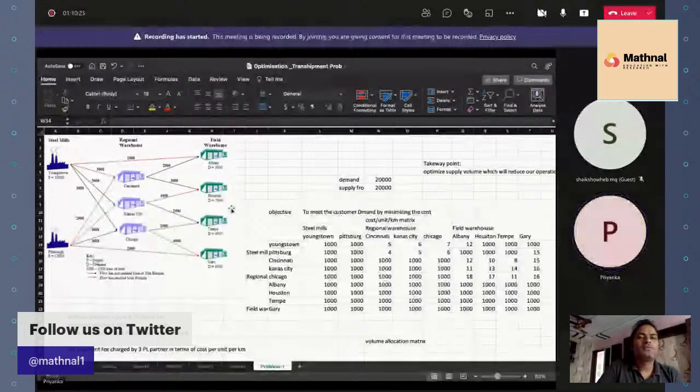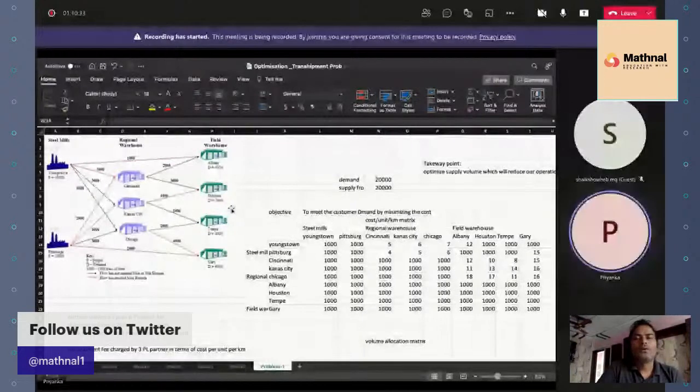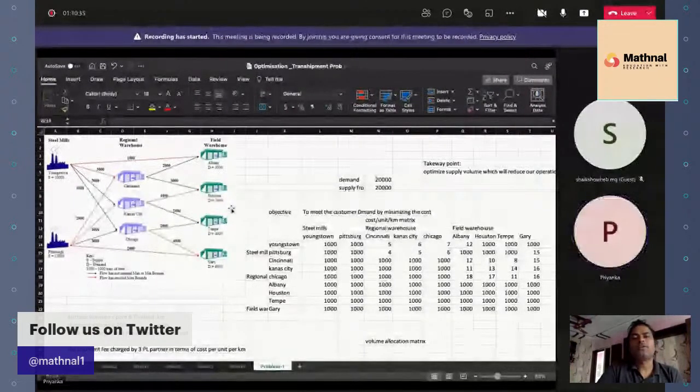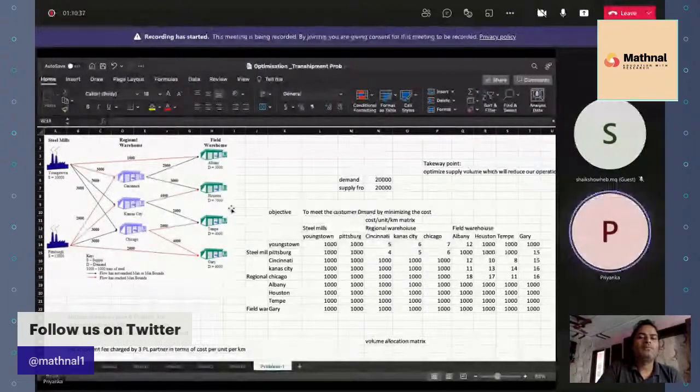Like we have, Youngstown is dispatching 10,000 and Pittsburgh is dispatching 15,000. So they are supply points, they are factories. Now I'm talking about field warehouses. Are they dispatching anything, like Albany, Houston, Tempe, Gary?